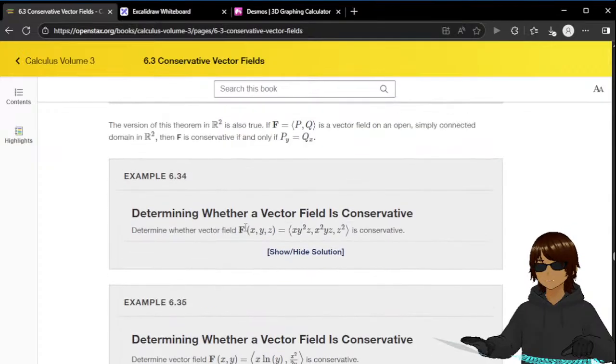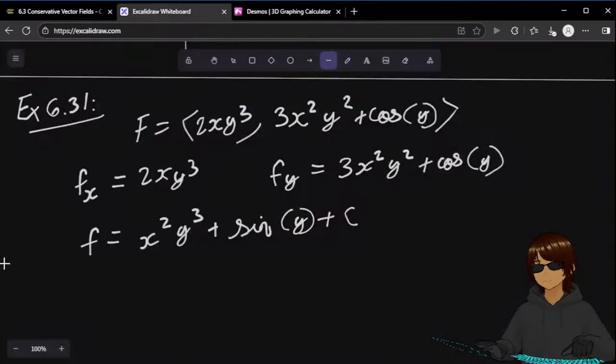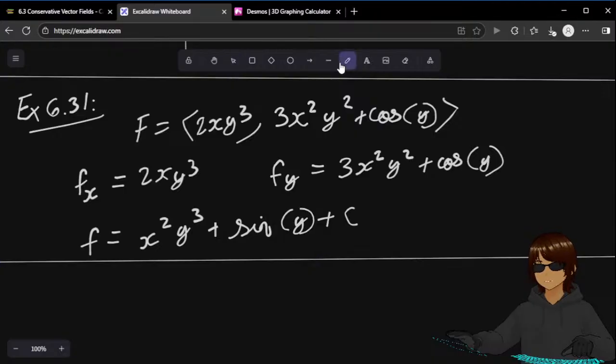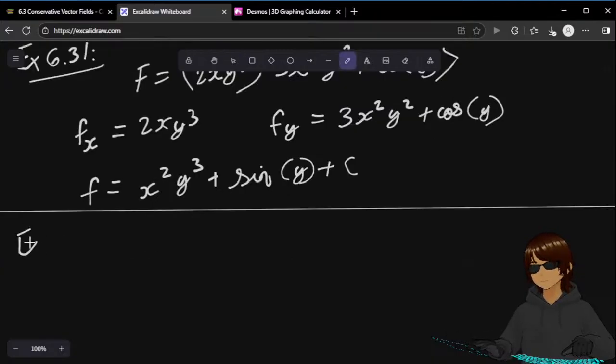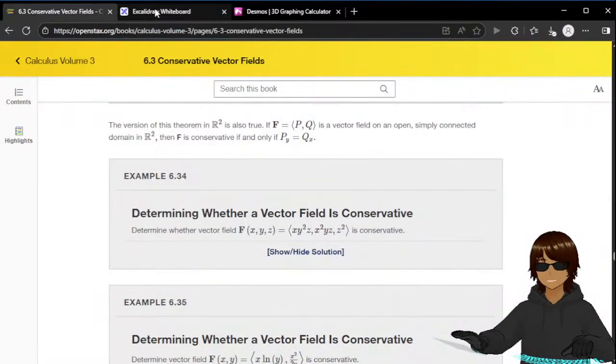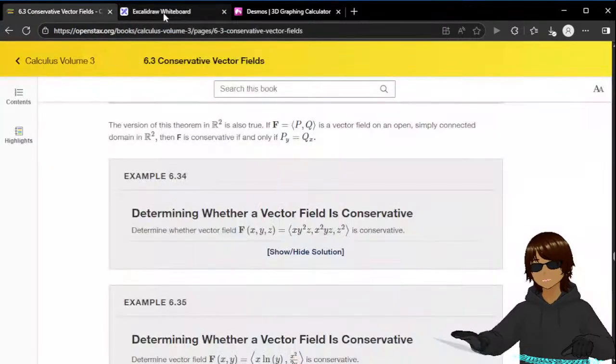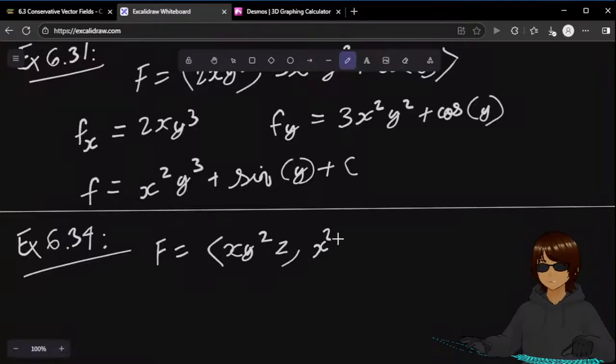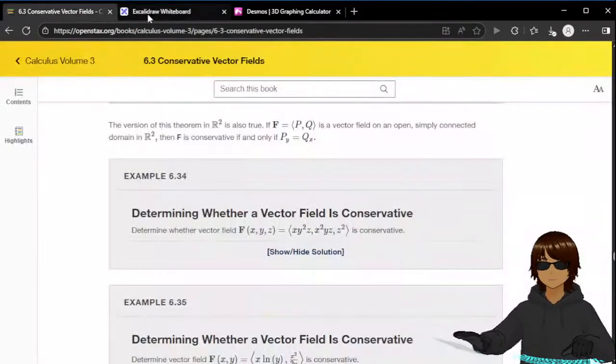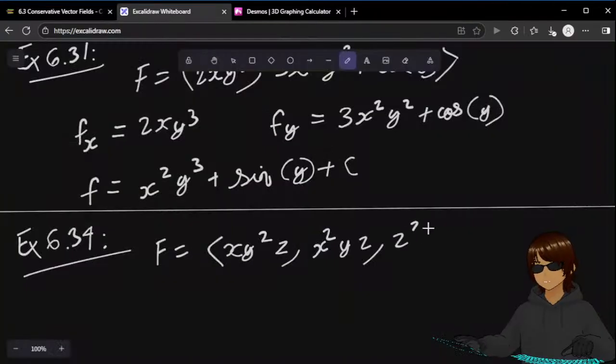Determine whether the vector field F is conservative. So F is xy squared z, x squared y z, z squared.